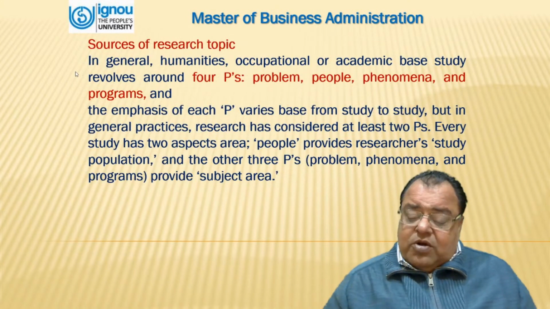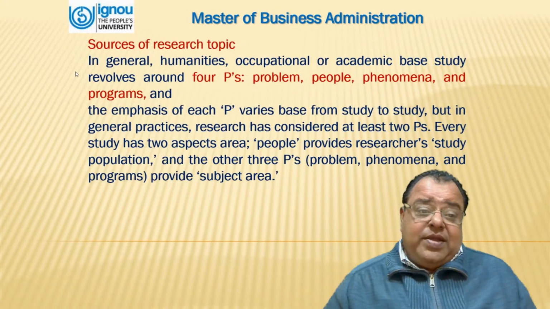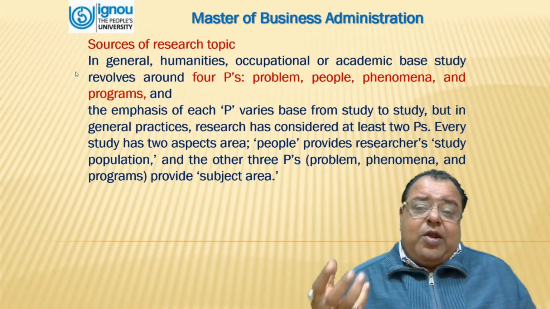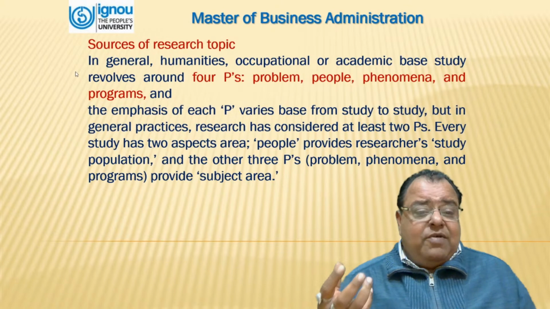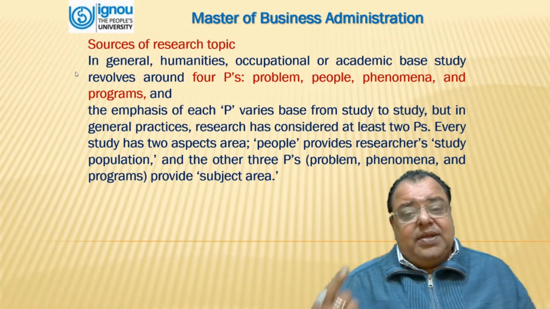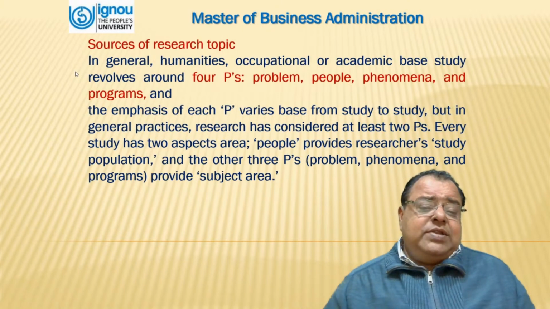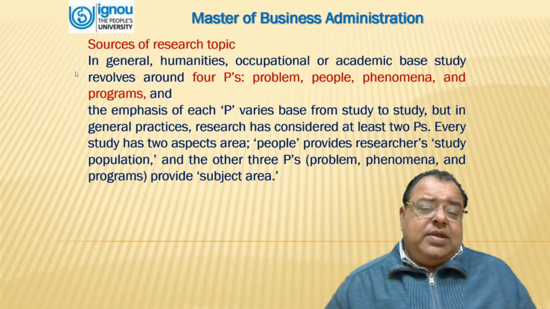Now, what are the sources of research topics? In general, humanities, occupational or academic based study revolves around four P's: problem, people, phenomena, and programs. The emphasis of each P varies from study to study.